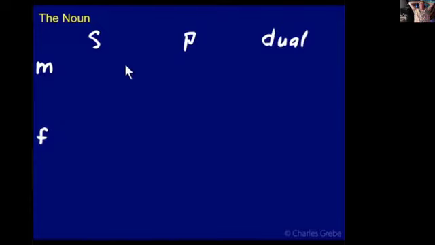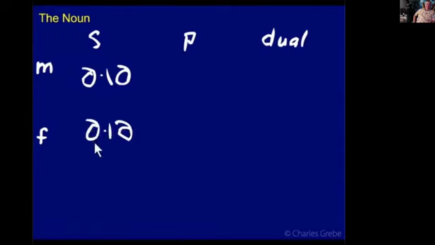Now let's take a look at what the paradigm is, the pattern. We use the word sus. Sus is horse in Hebrew, so sus the horse. The masculine singular form is the base form, and all these other ones will build on this. So sus has no ending. Let's look at the feminine. Sus.